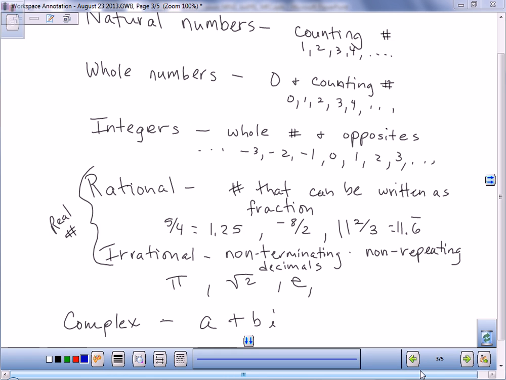Is 4 plus 8 also a natural number? Yes. Is there any way I can pick any 2, add them together, and get something that is not a natural number? No. Then the set of natural numbers is closed under addition, because we can add any 2 things in that set and still get a result that is in that set. Does that make sense? Yes.